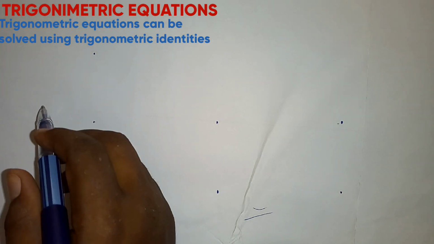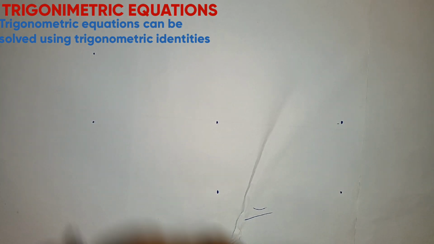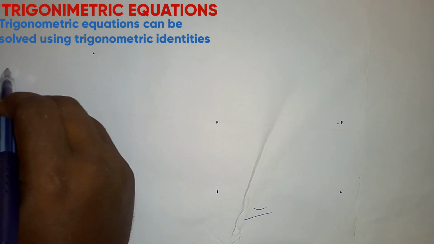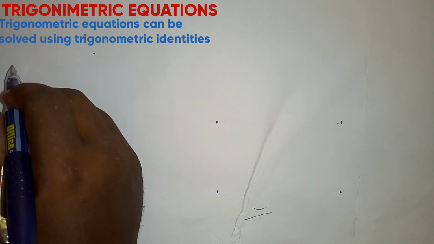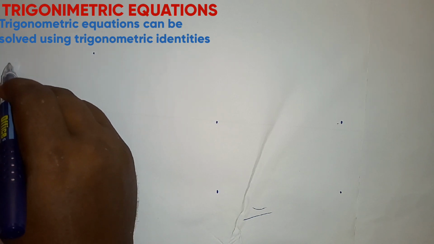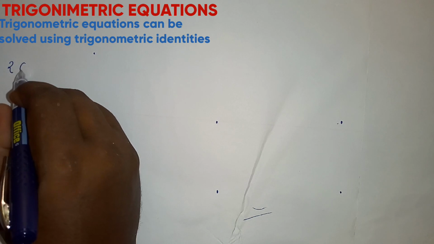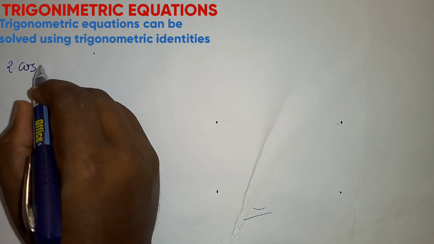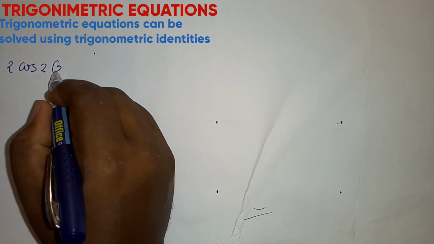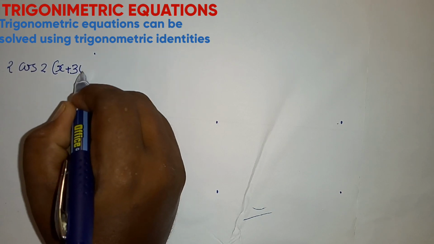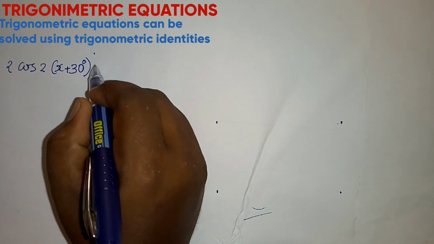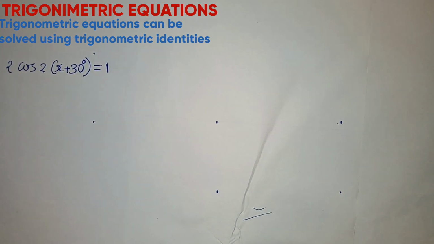And the first example will be 2 cos (2x + 30 degrees) equals 1.